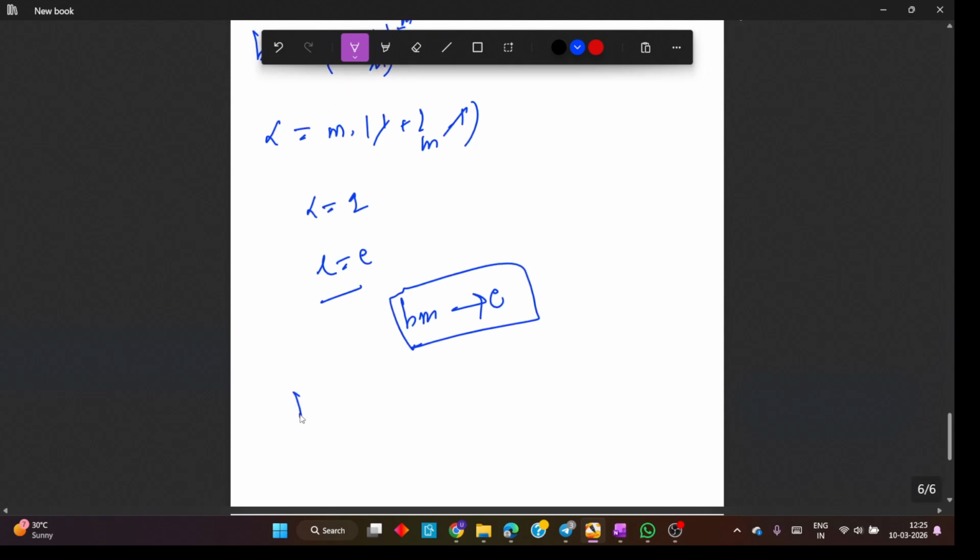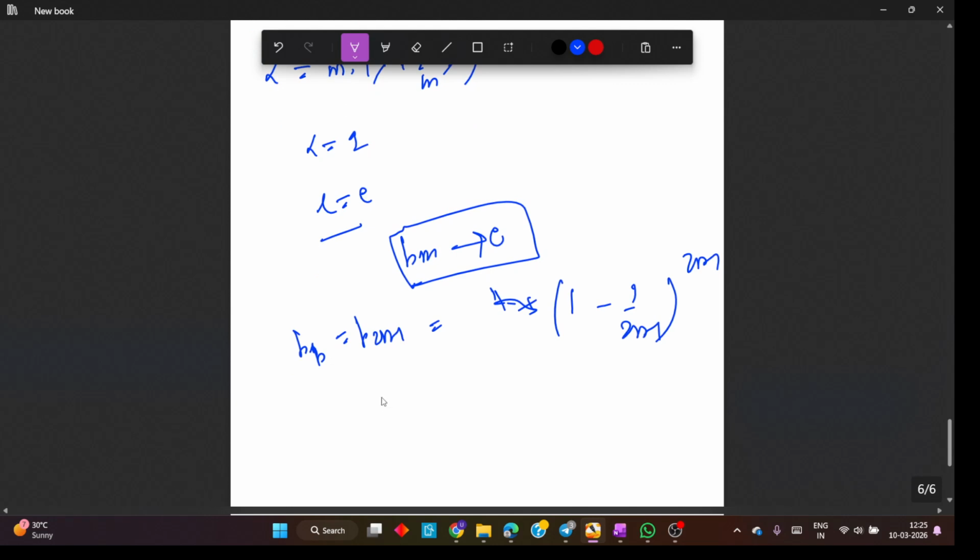Similarly, bp or b2n minus 1 is 1 minus 1 by 2n minus 1 to the power 2n minus 1. So again calculate alpha. Alpha is 2n minus 1 into 1 minus 1 by 2n minus 1 minus 1.